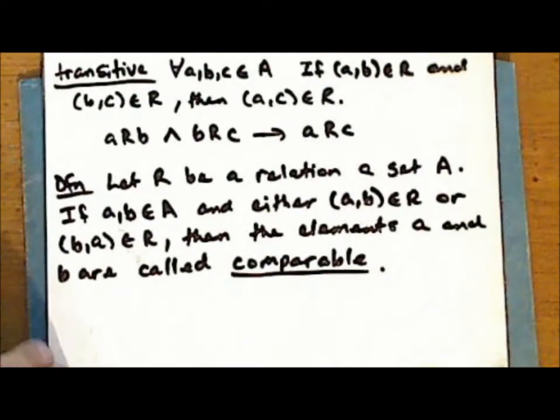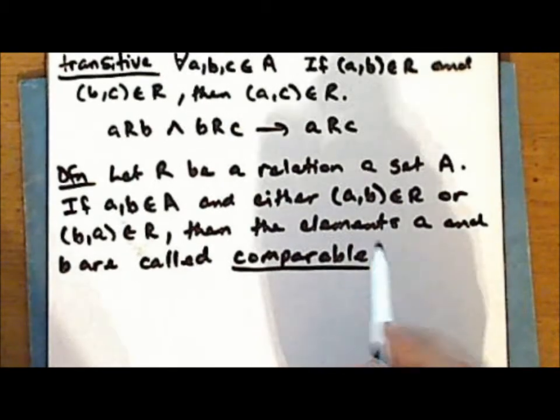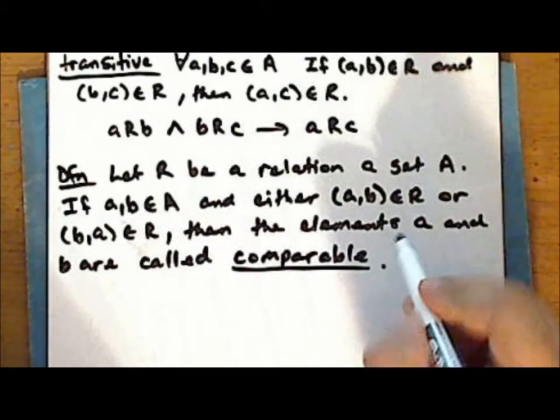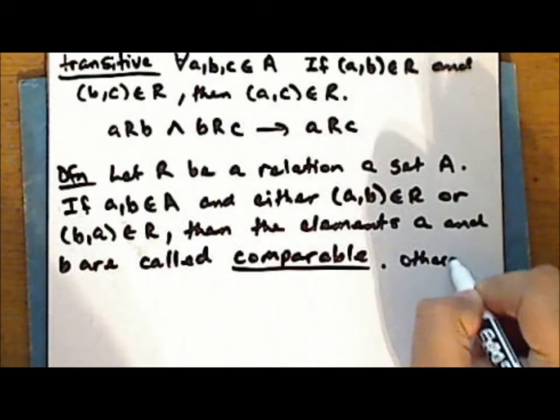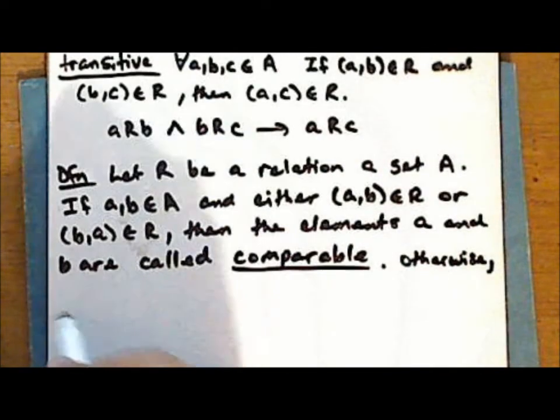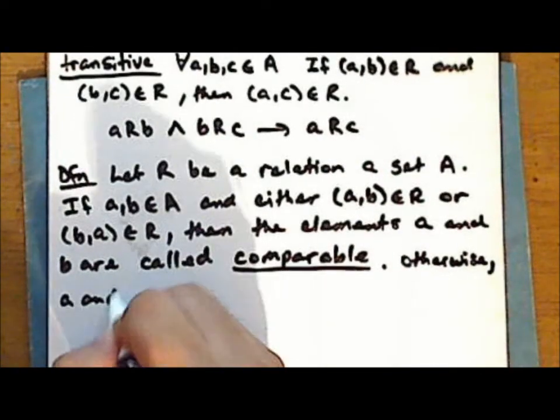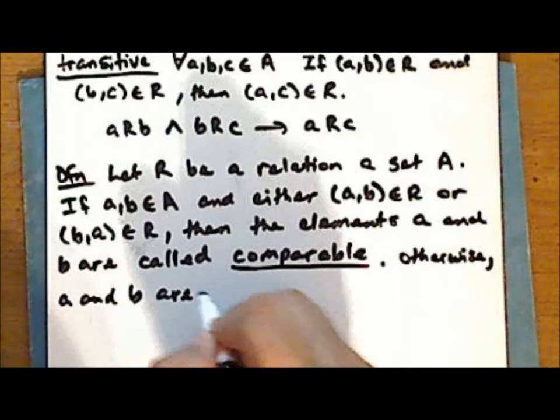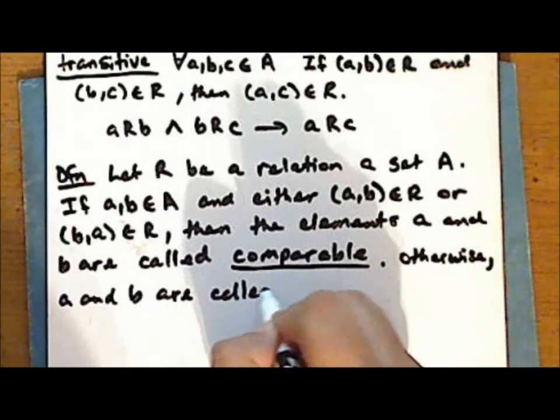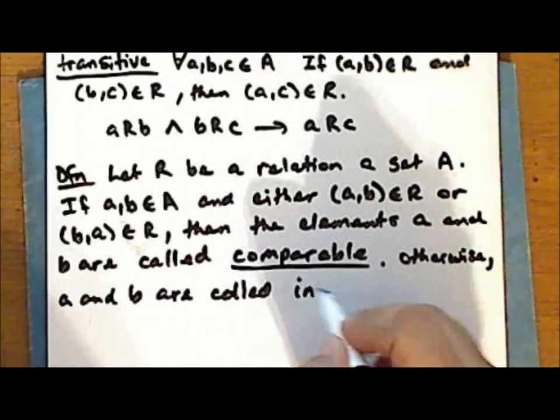And if neither of these ordered pairs are in the relation, then the elements a and b are called incomparable.